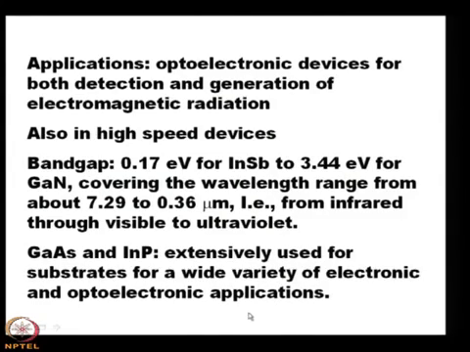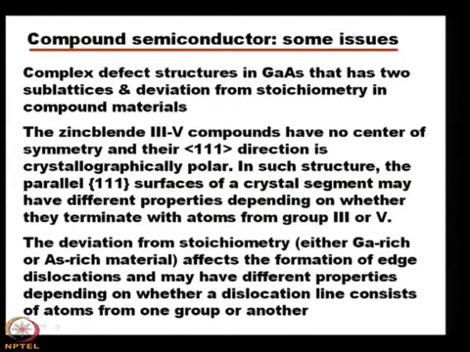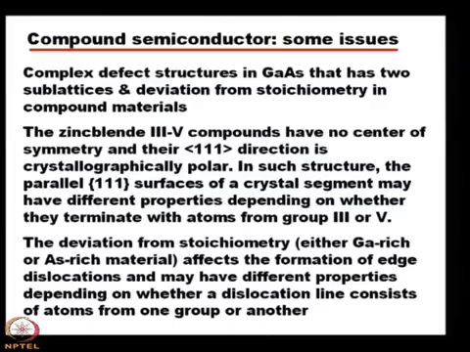Then there are some issues also. It is not that the growth of gallium arsenide and indium phosphide is very easy and simple. There are certain issues which researchers and investigators have been trying to sort out, particularly the complex defect structures in gallium arsenide, which has two sublattices, and deviation from stoichiometry in compound materials. Now, these are two things. One is the complex defect structures.